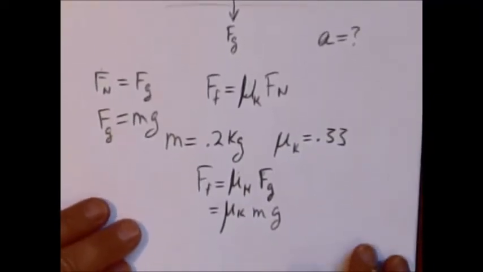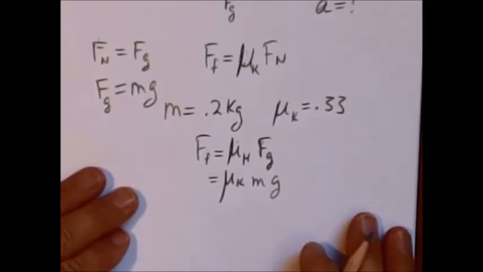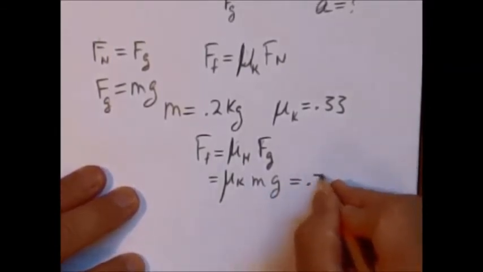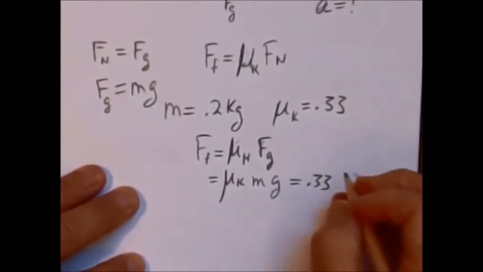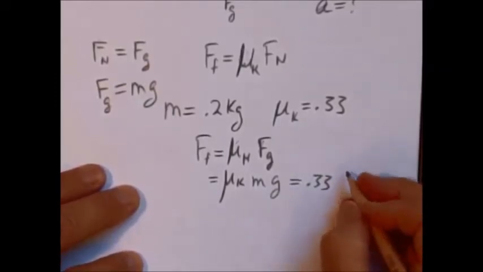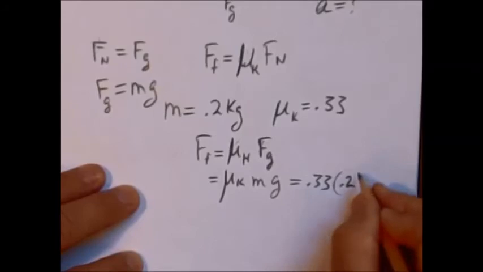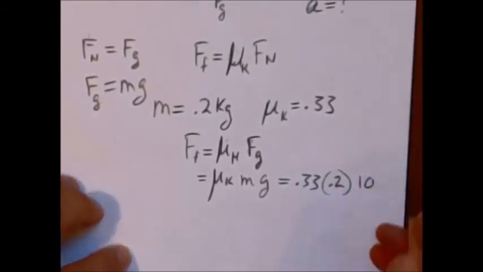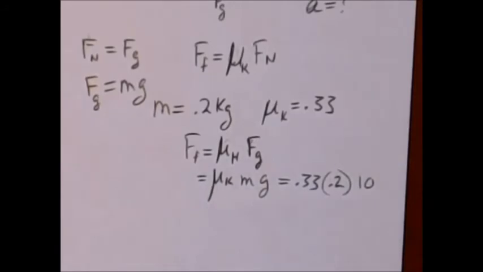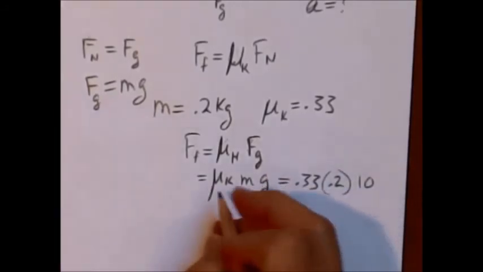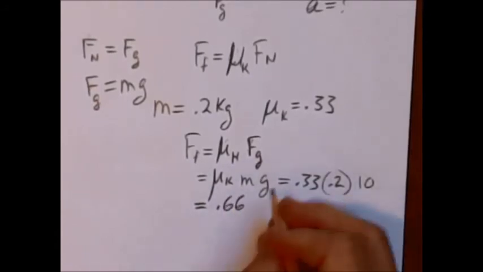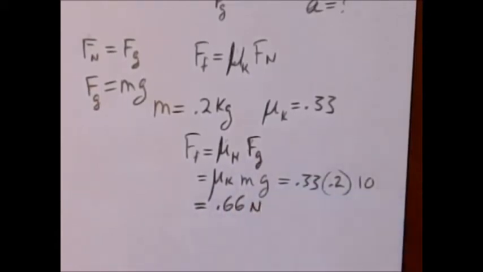And we can actually plug some numbers in for that, right? So mu sub k is equal to 0.33, and the mass of the puck is equal to 0.2, and g, the acceleration due to gravity, is equal to 10. Okay. So the friction force then is equal to 0.66 newtons.